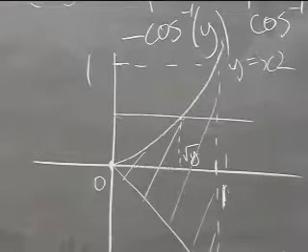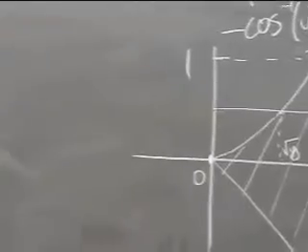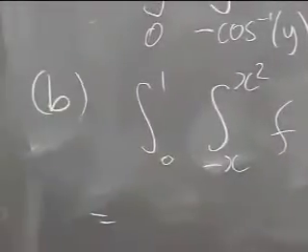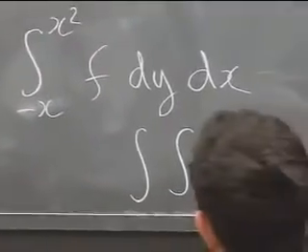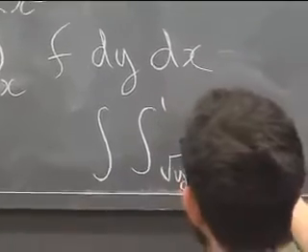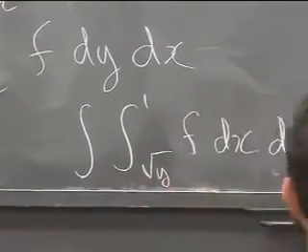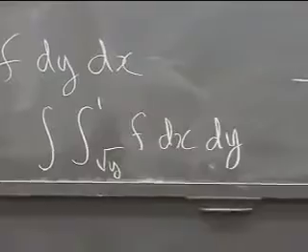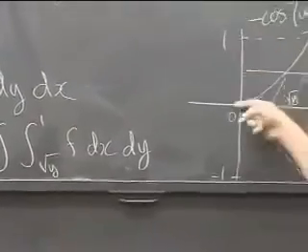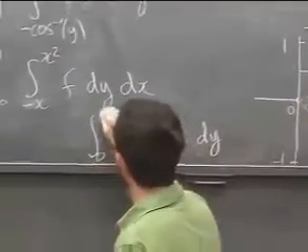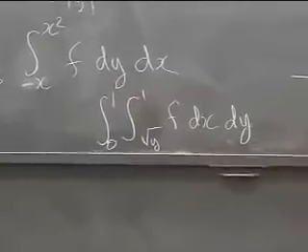So you would think that the integral goes from root y up to 1 of f dx dy. The problem here is that's only true when y is between 0 and 1. But that actually just covers the upper half.